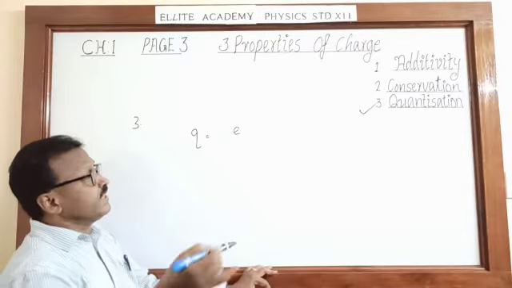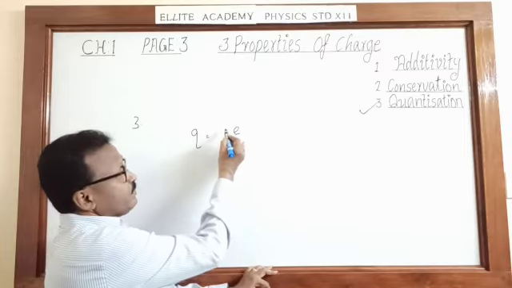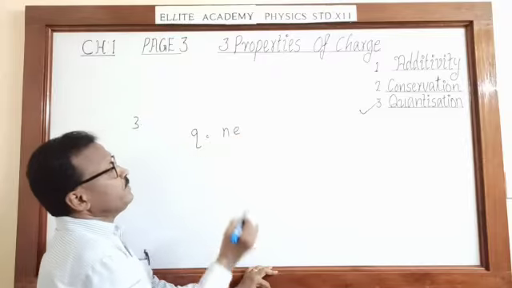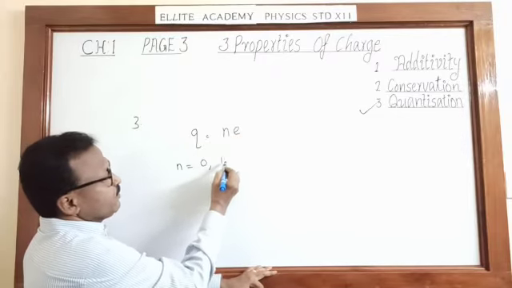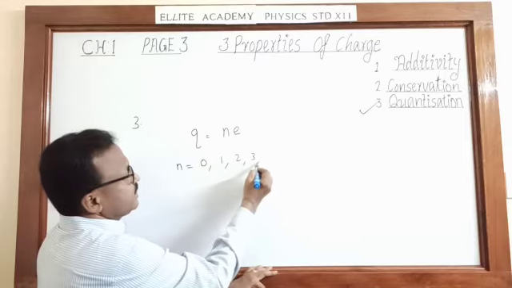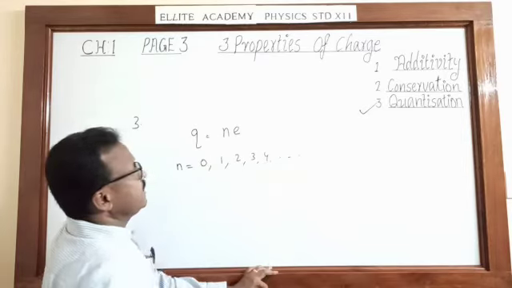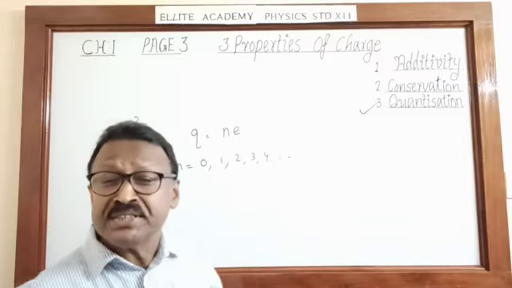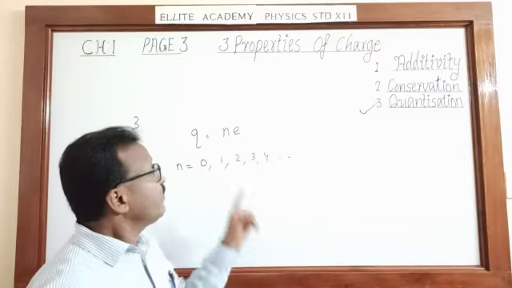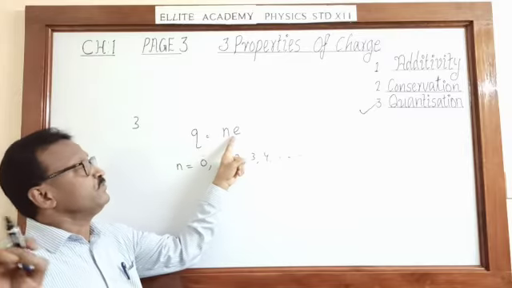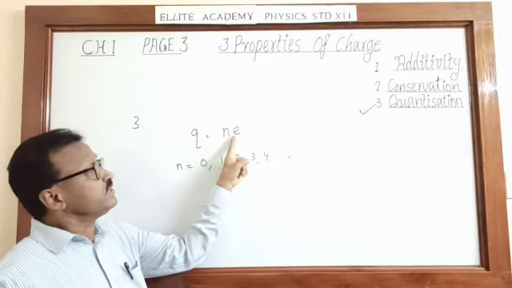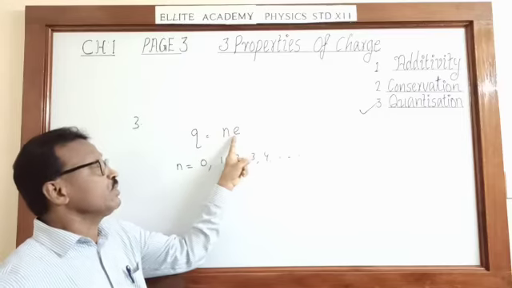The charges I can have on a body will be multiples of e, that is n times e, where n is an integer, 0, maybe 1, 2, 3, 4, etc. This property we call quantization of electric charge. What is the meaning of that? It means e is the minimum charge that we can have, that is 1.6 into 10 raised to minus 19 coulomb.